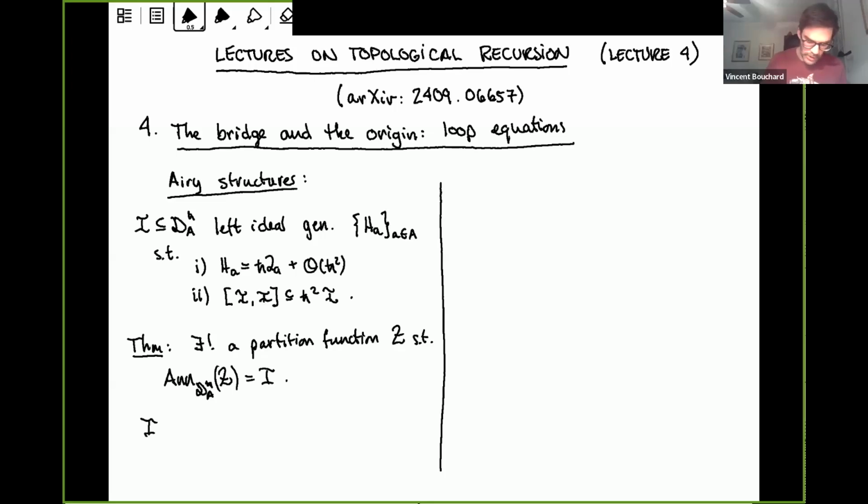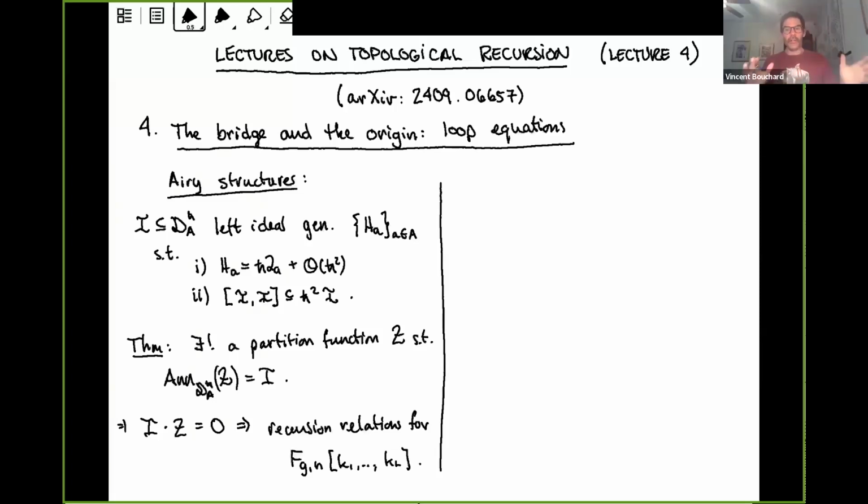Equivalently, well, not equivalently, but it implies that the H_A kill Z, and that gives recursion relations for the coefficients in the partition function, which we called F_{g,n} with some indices. So this was the first lecture and a half. This is a very clean, simple construction, and it gives a set of recursion relations. We saw some interesting examples: Kontsevich-Witten, BGW, Mirzakhani, and so on.